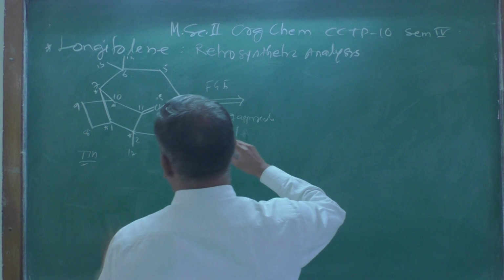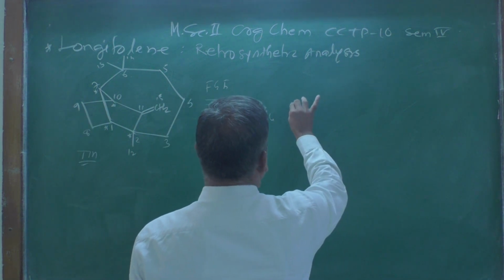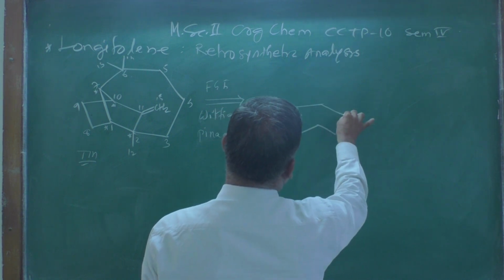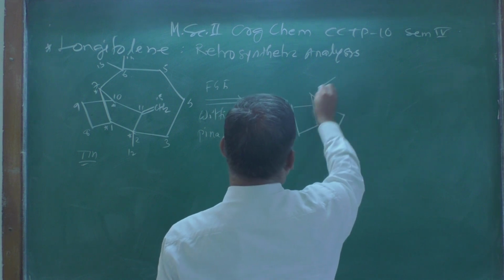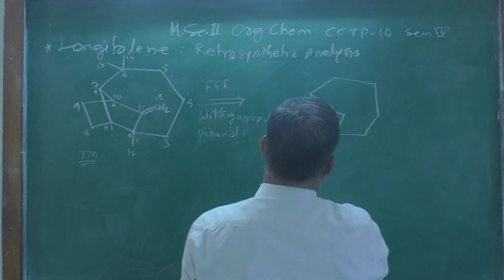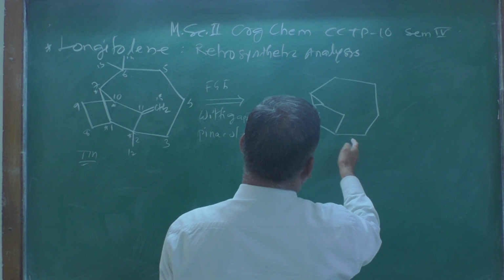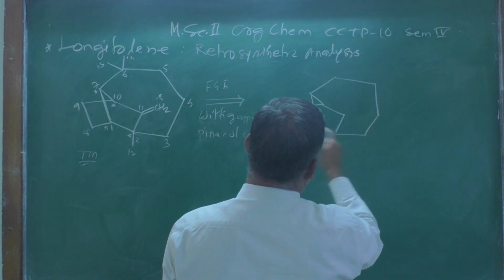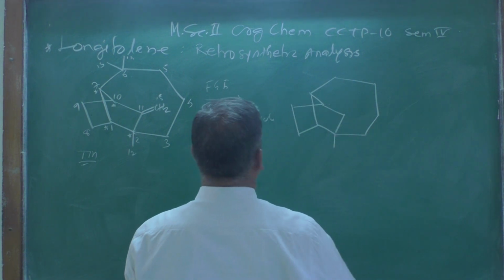So here you are going to get this compound. Let's see, this is the compound which I have drawn over here. This is a 7-membered ring, 1, 2, 3, 4, 5, 6 and 7. Here the methyl group is as it is.